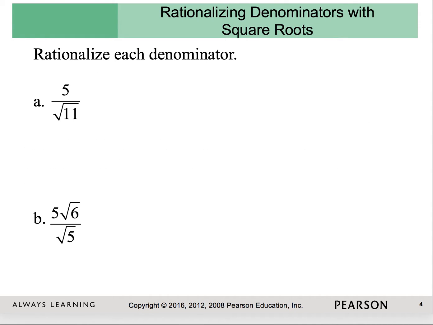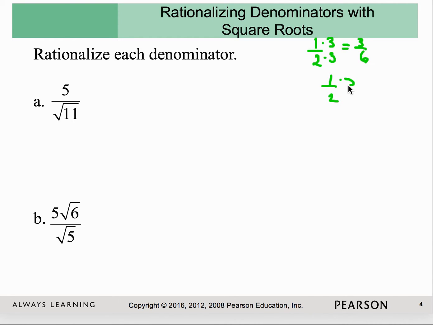But what if my denominator has a radical that doesn't have a perfect square in it? We're going to do something called rationalizing the denominator. Make it a rational number instead of an irrational number. And it's based on the idea, think about this, I can take any fraction, and as long as I do the exact same thing to the numerator and the denominator, it makes an equivalent fraction.